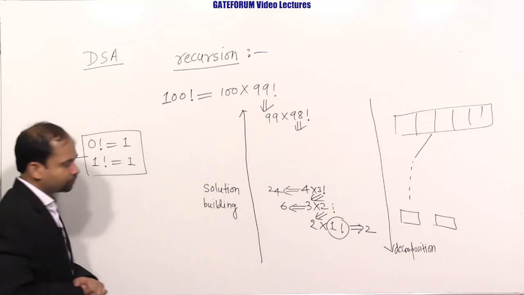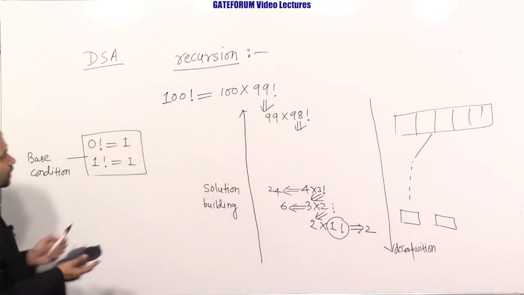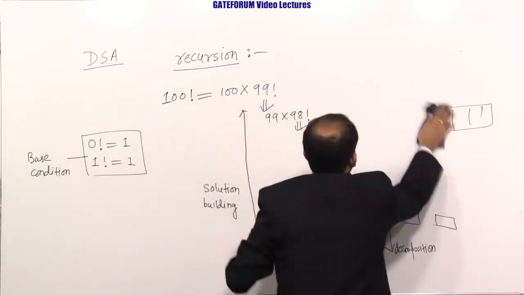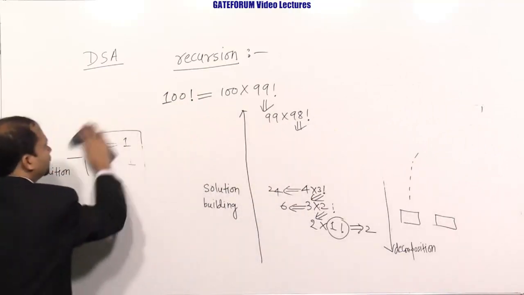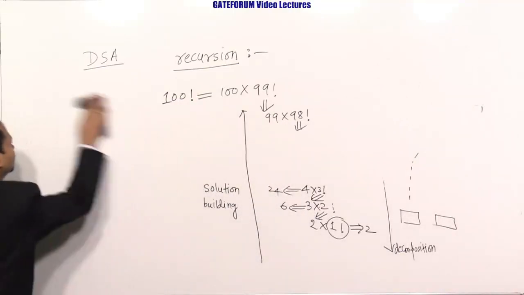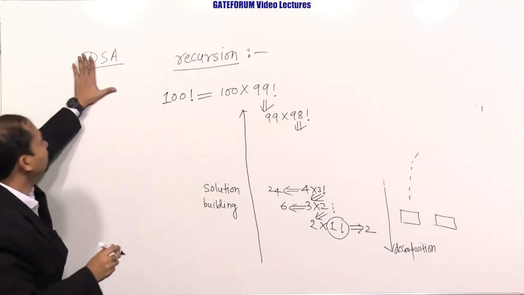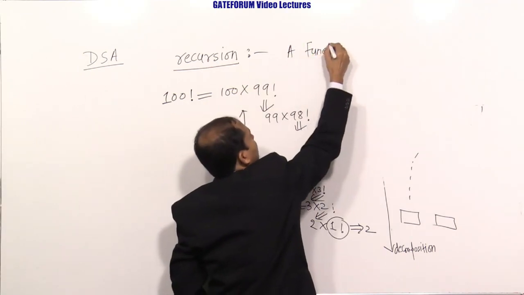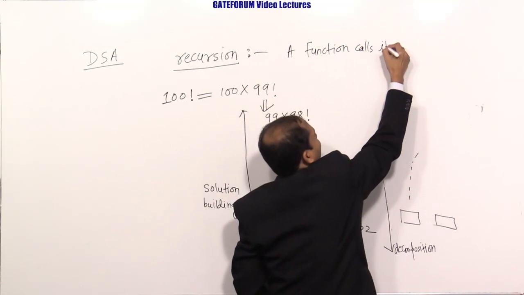Right. So how to write the pseudocode for finding the factorial of a number? First, recursion: a function calls itself again and again.